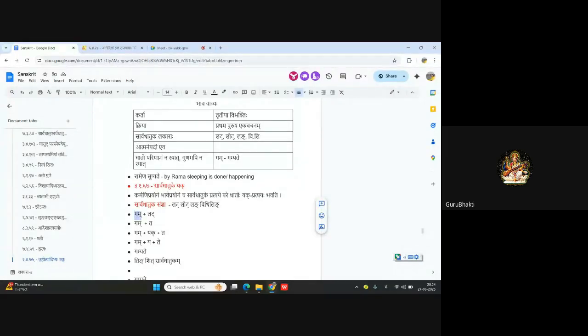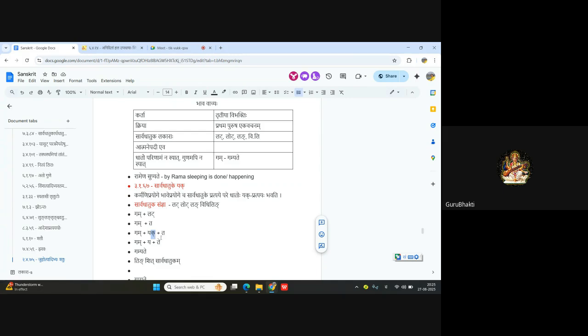Like gam is there, lat is there. Lat lakara we are going to do, in atmanepadi. So the atmanepadi pratyayas are not tip tas jhi; they are ta, atam, jha, like that it goes. Gam, ta. In between dhatu and pratyaya, this yak will come. In this yak, the kakara will disappear.